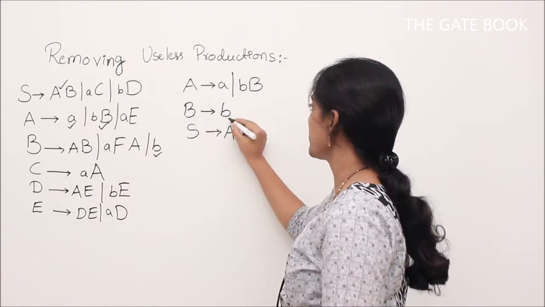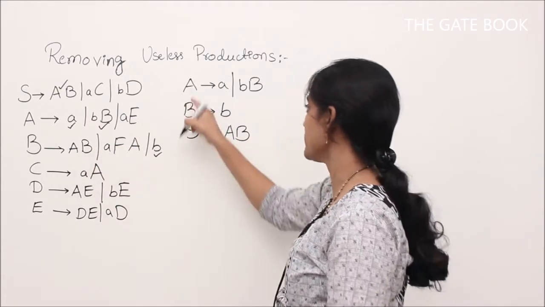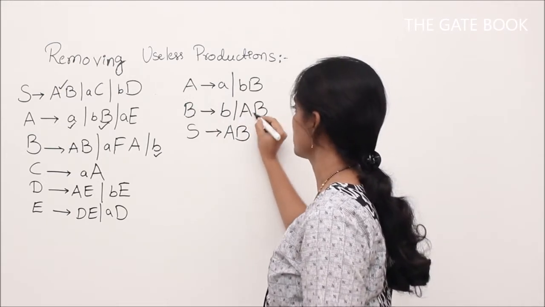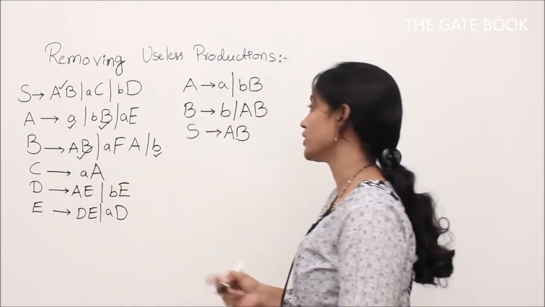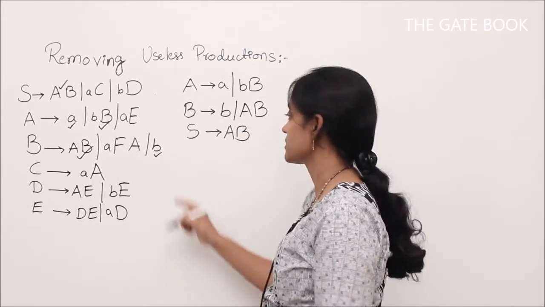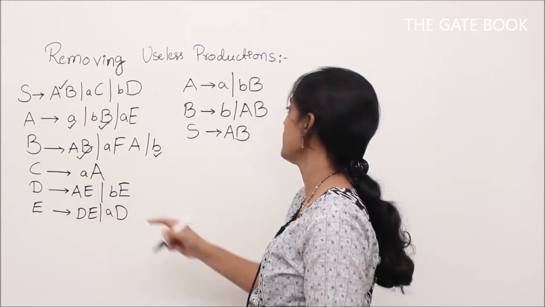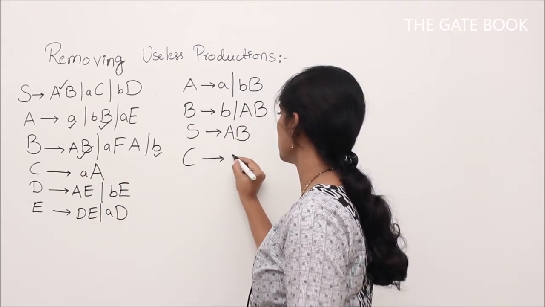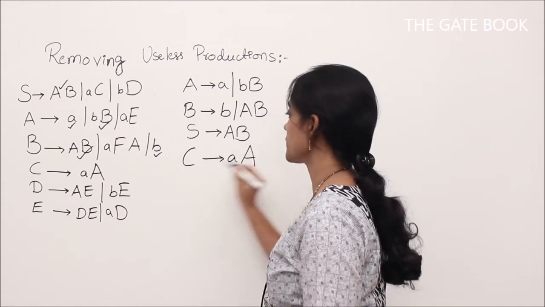We know that B can derive B and we know that A and B can derive a string. So we should add the AB production here. What about this? We don't know about F. We haven't written F yet, right? So we should not do this. And this is done. What about AA? Yes, we have already seen that A can derive a terminal. So we should add this production as well.